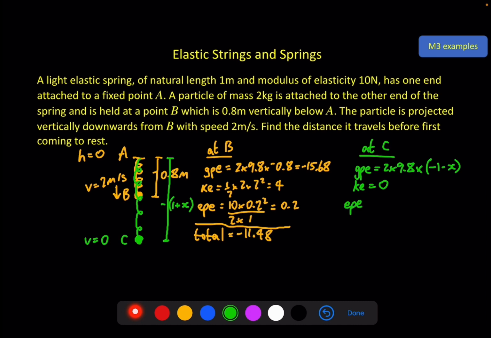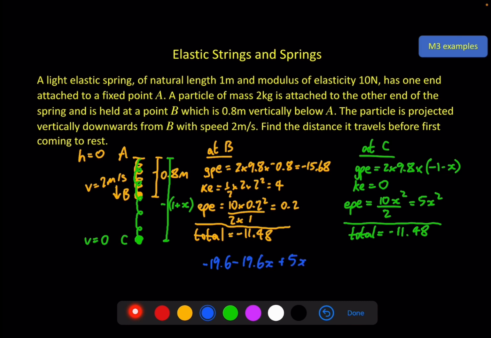And the elastic potential energy is equal to lambda times x squared, which we don't know yet, divided by 2 times 1. So that gives us 5x squared. And because there are no external forces in this example, the total energy must remain constant from point B at minus 11.48. Now we can form our equation. This plus this plus this must equal this, giving us minus 19.6 minus 19.6x plus 5x squared is equal to minus 11.48.